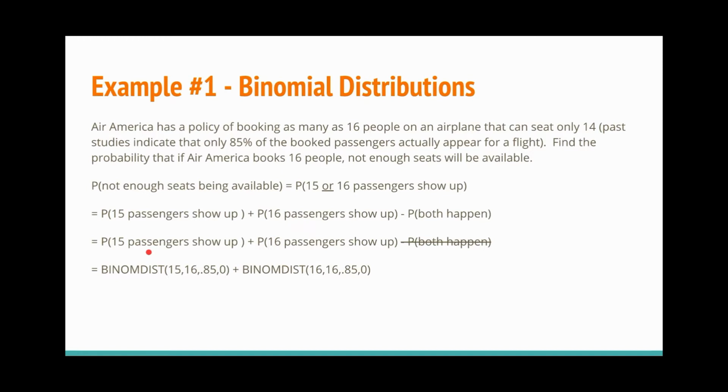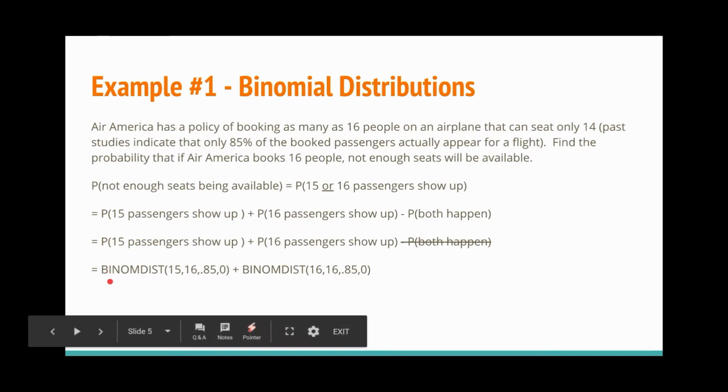We know that the probability is 0.85, and the events are independent of one another. So each one of these is a binomial distribution calculation, and in Excel, using the instructions that hopefully you've seen in other videos, this is the command that you would type in.